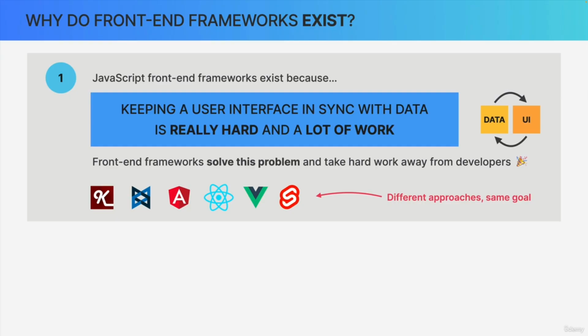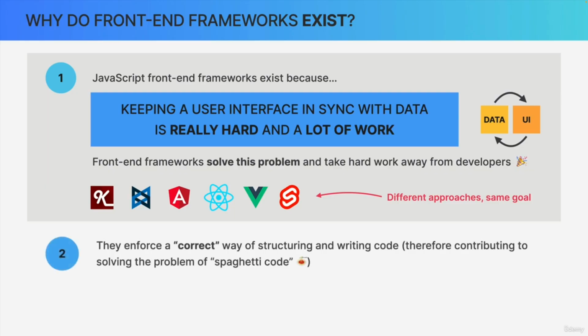Now, another extremely valuable thing that frameworks give us is the fact that they basically enforce a correct way of structuring and writing code. So essentially, the authors of each of these frameworks came up with a good way of structuring applications so that other developers can then follow these conventions as well to build better applications with, hopefully, a lot less spaghetti code.